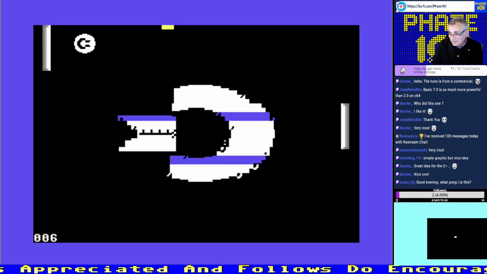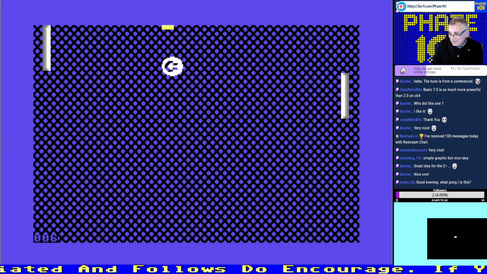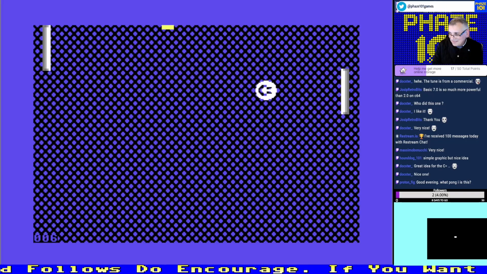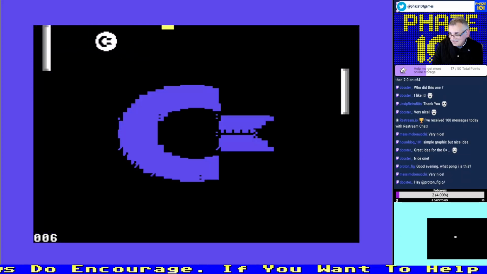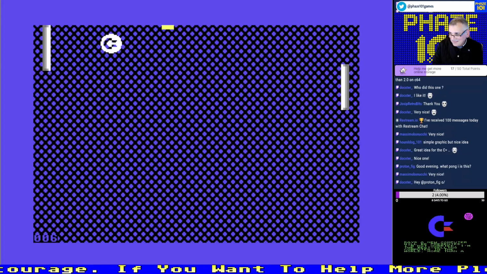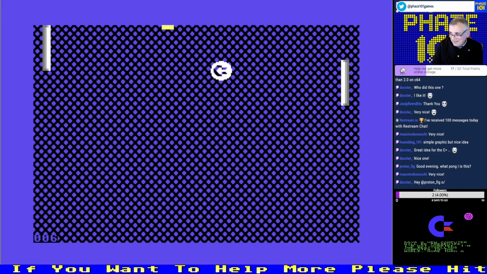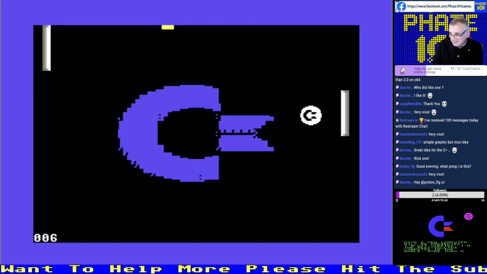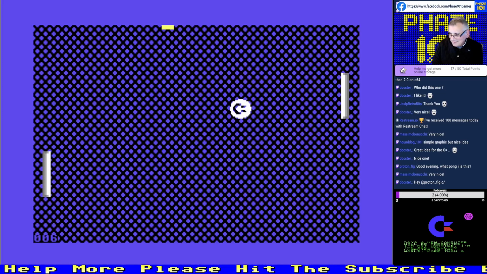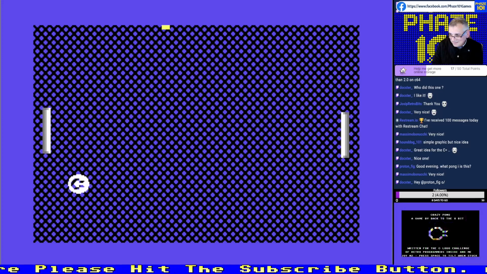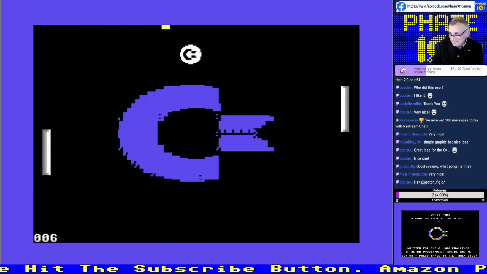You can also have a spin when you hit the ball while moving. Yeah, I noticed. I can see it now. 45 degrees, static movement.